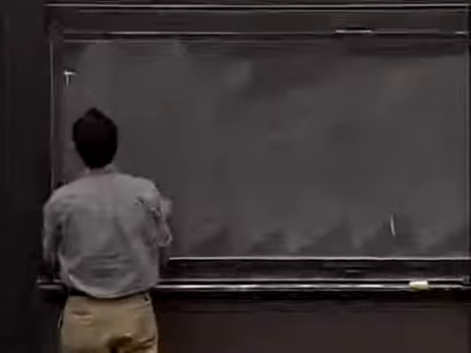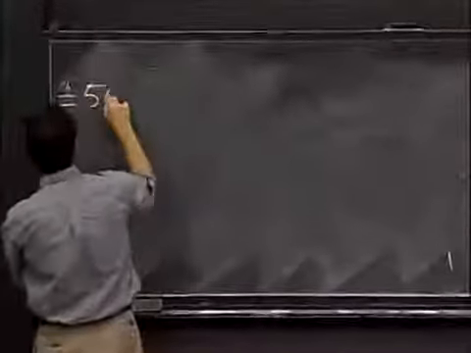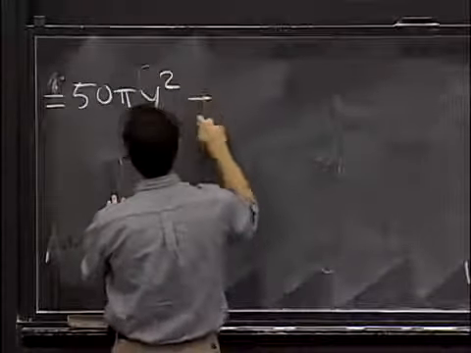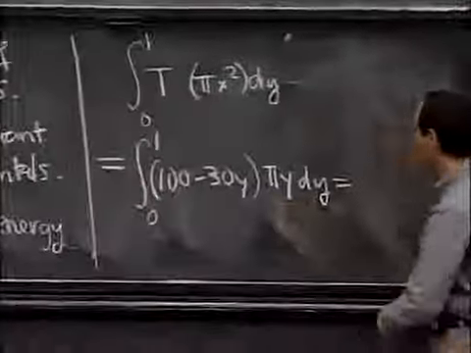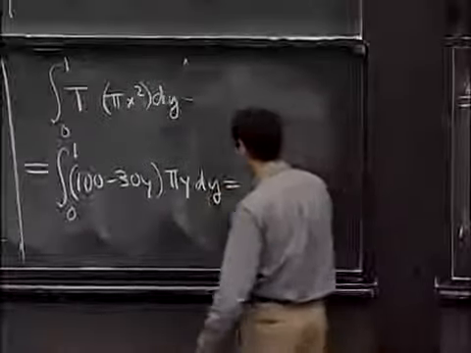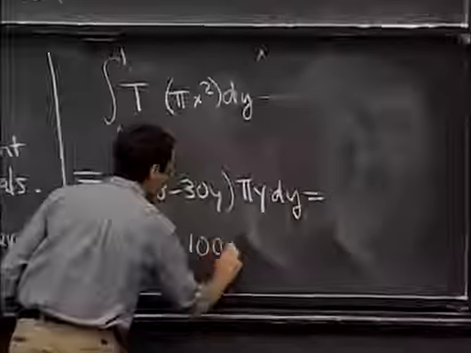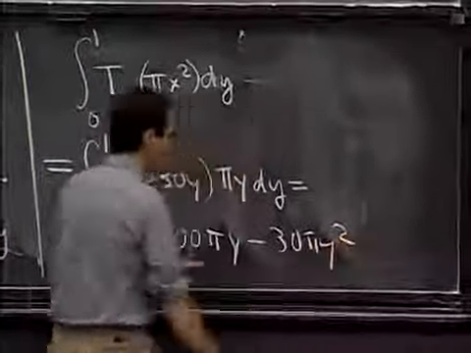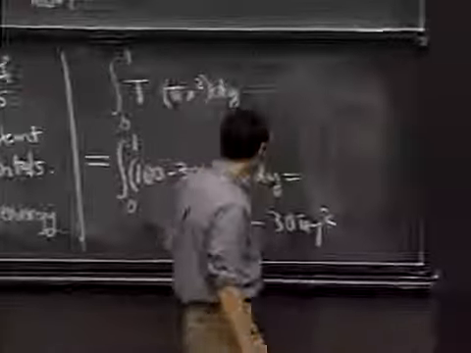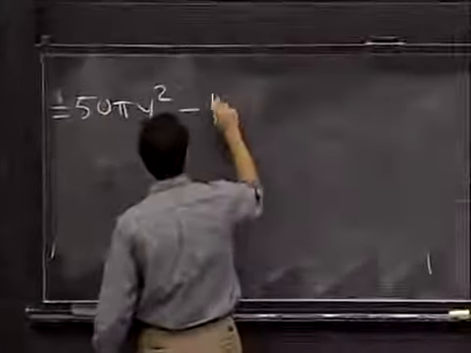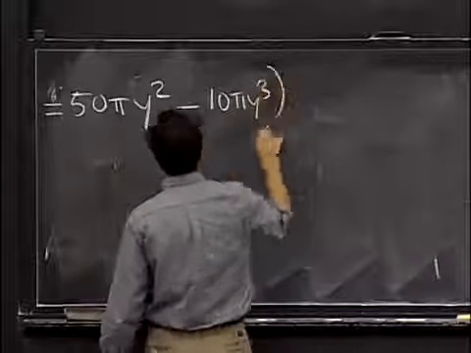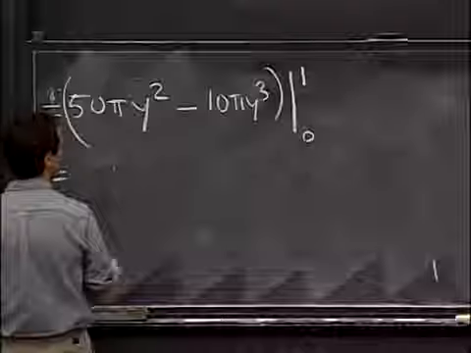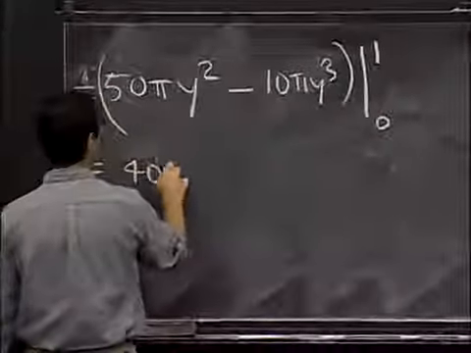It's equal to 50 pi y squared minus, right, because this is 100 pi y minus 30 pi y squared, and I have to take the antiderivative of that. So I get 50 pi y squared, and I get 10 pi y cubed, evaluated at 0 and 1. And that is 40 pi.